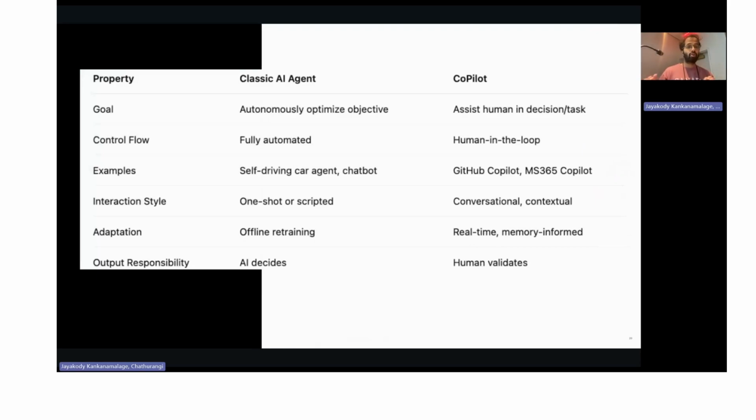Classical agents require offline retraining, while copilots are more real time. It happens within the session, and it's memory informed with both long-term and short-term memories. With classical agents the AI decides, so it's more autonomous, whereas with copilots the human validates. Examples of classical agents are self-driving car agents and chatbots, while copilots include GitHub Copilot that we mentioned before, AutoGPT, or MS365 Copilot, etc.